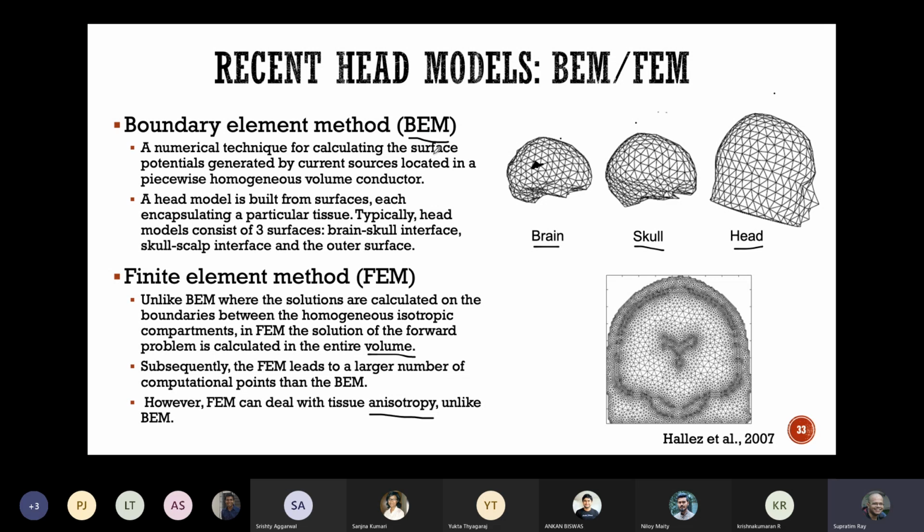This is what is called a head model. A head model is something that you choose. What do you choose? You either say, I'm going to use a boundary element method or a finite element method. And for each of these methods, you have to choose how many meshes you want.